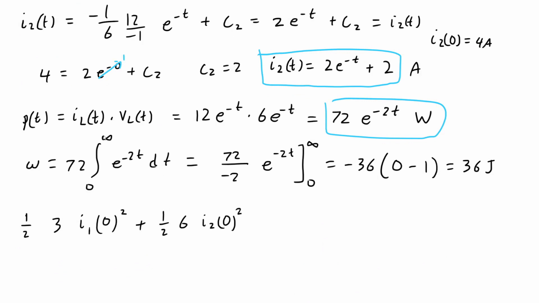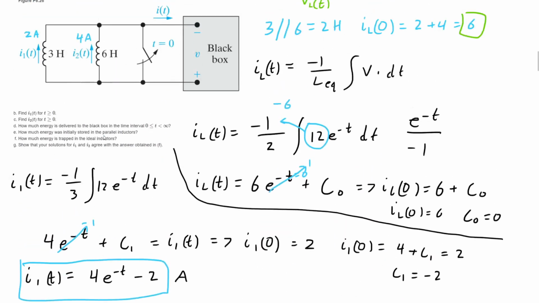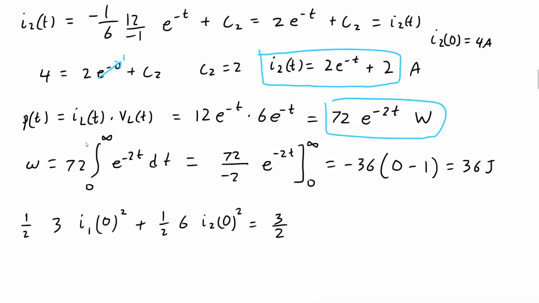I2(0) squared. That's going to be 1/2 times, let me just write 3/2, and then I1 is 2, so 2 squared, plus 3/2, which is 3, and 4 squared. So let's see, 6 plus, that's 54 joules.